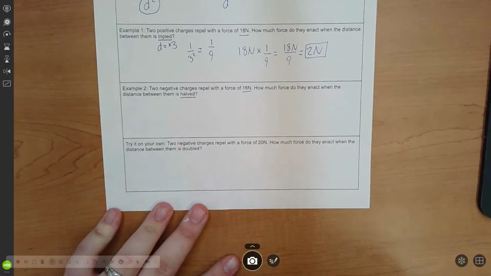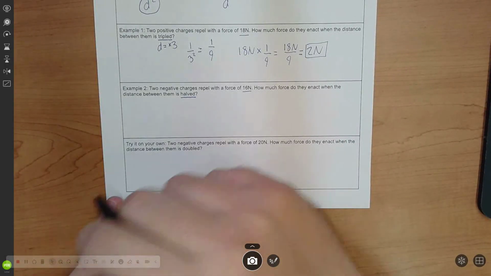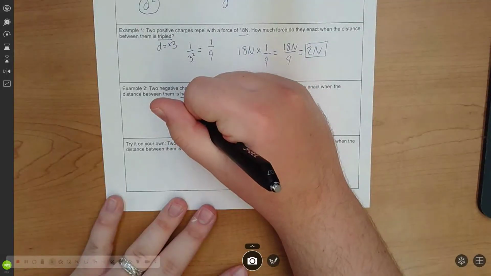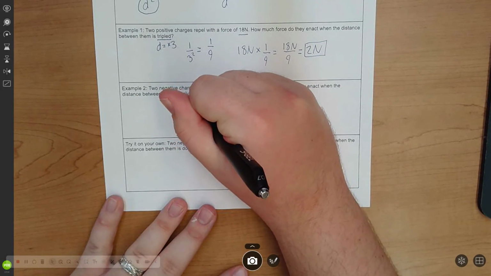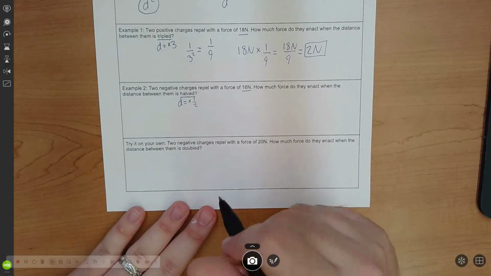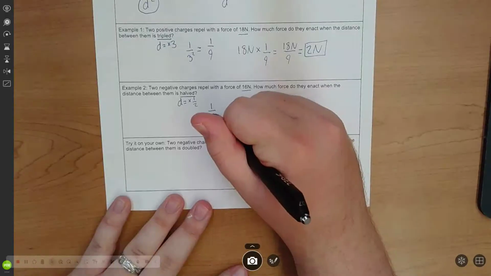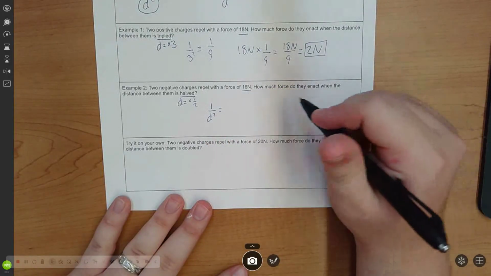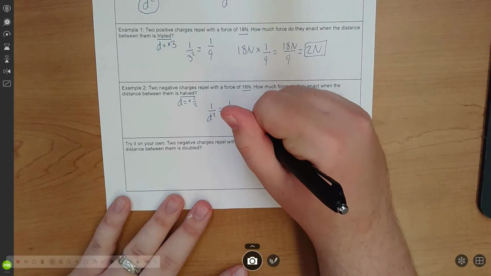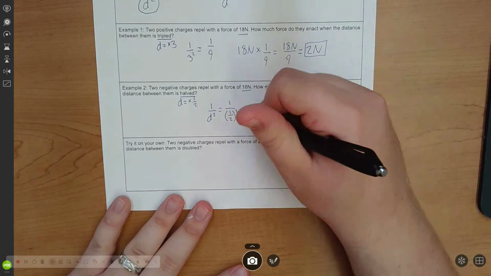Okay. So if you think about cutting something in half, what this is doing, instead of doing times 3 like we did in example 1, our distance is being multiplied by 1/2. Okay. So when we do our 1 over d squared, if we were to plug in 1/2 to this, we would get 1 divided by 1/2 squared, which is going to be really weird for us.